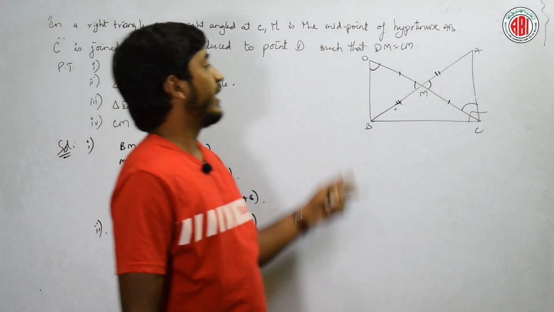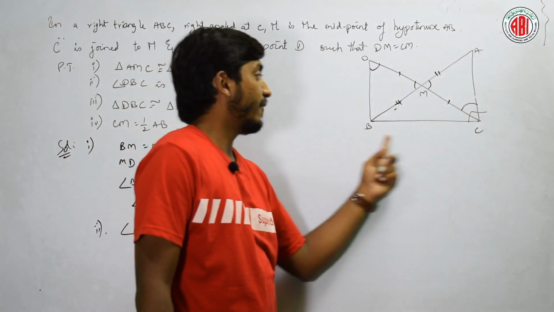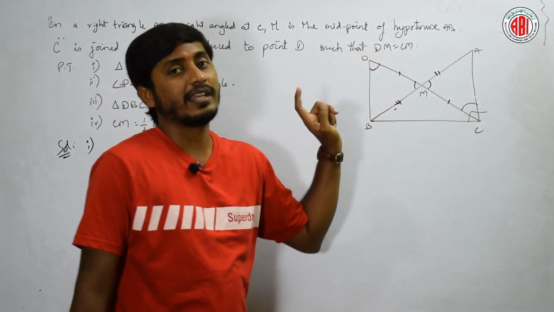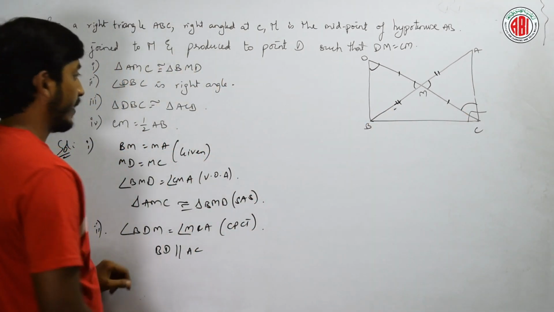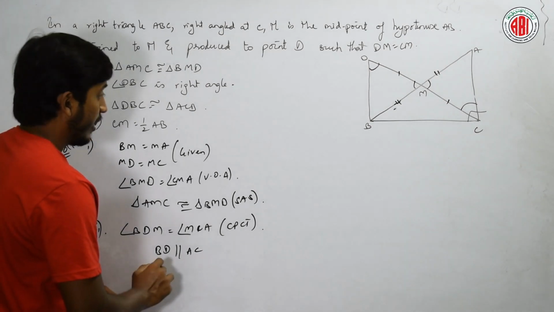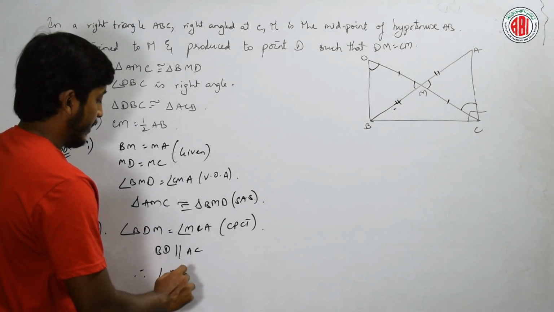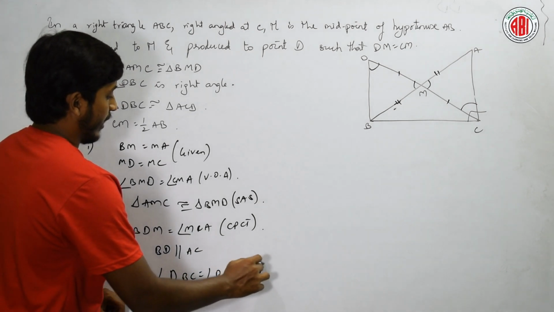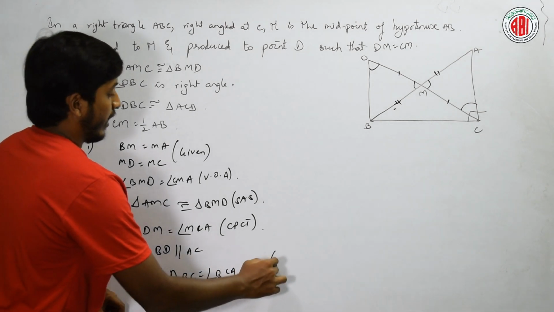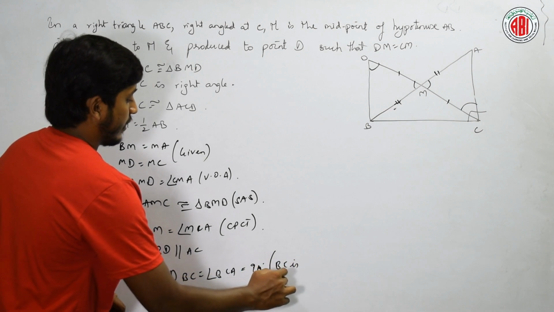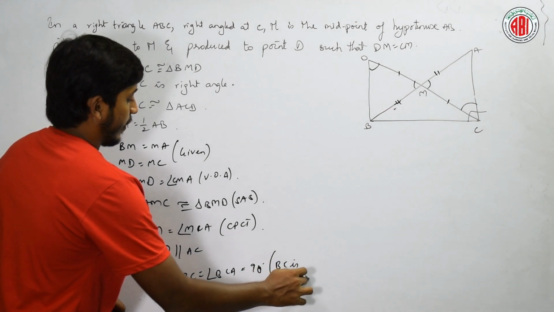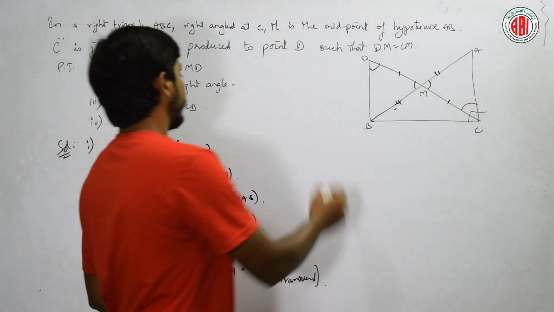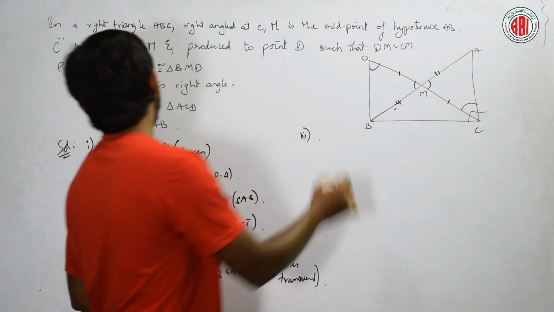Clear? If BD is parallel to AC, if we consider BC as a transversal, here it is 90, obviously here also it is 90. Clear? Therefore, angle DBC is equal to angle BCA, that is equal to 90, where BC is transversal. Clear? Fine.